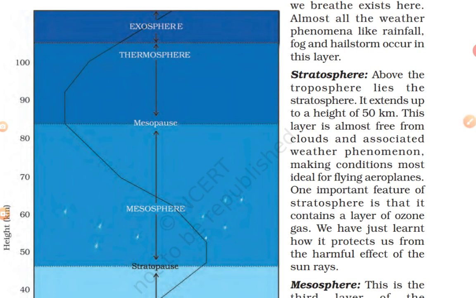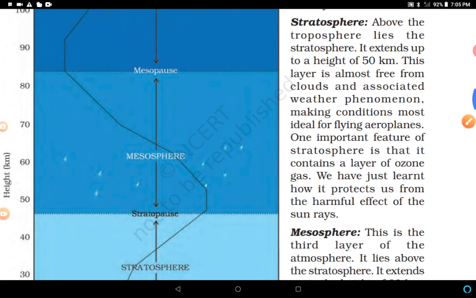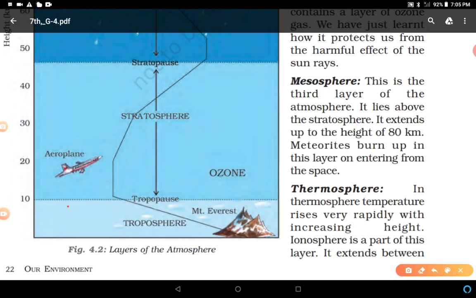Above the troposphere, before the stratosphere, we have to understand about the tropopause. So this is the troposphere here, and this is the tropopause. What is tropopause? The tropopause separates the troposphere from the stratosphere. This is the stratosphere, this is the troposphere.